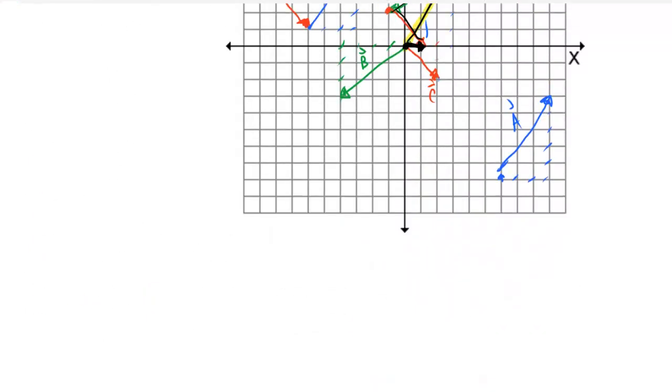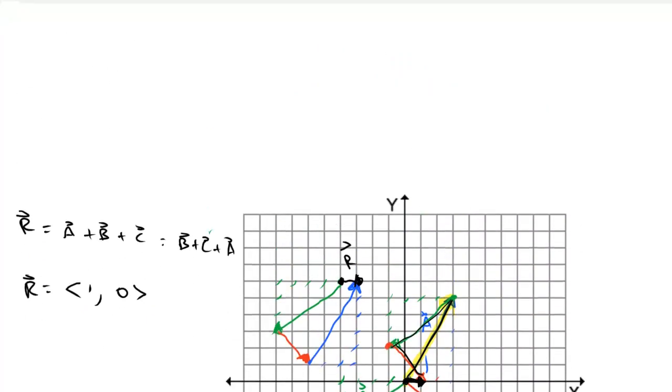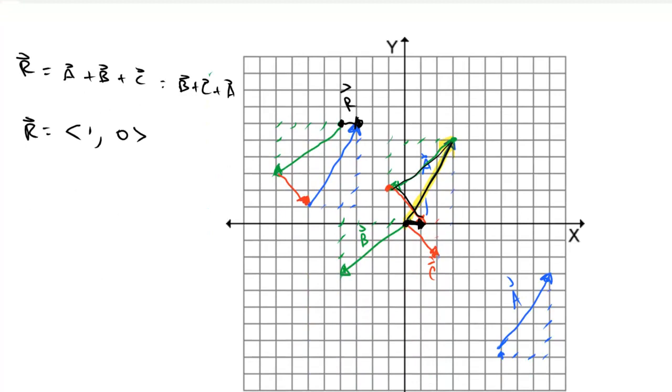The thing to remember is it describes the motion that you're undertaking. You walk to the head of the first vector, then you walk along the other vector, and you continue doing this until you've added them all up, and the resultant is just from the start of the first one to the end of the last one.